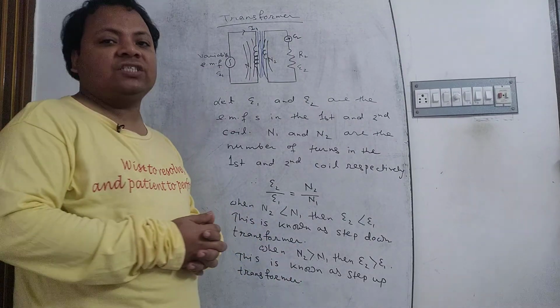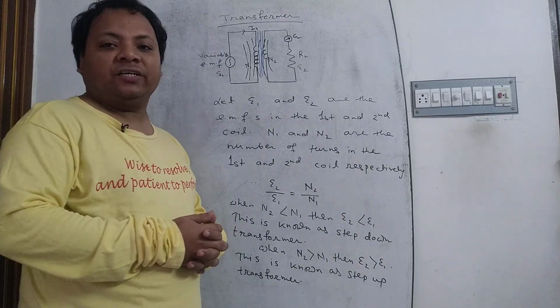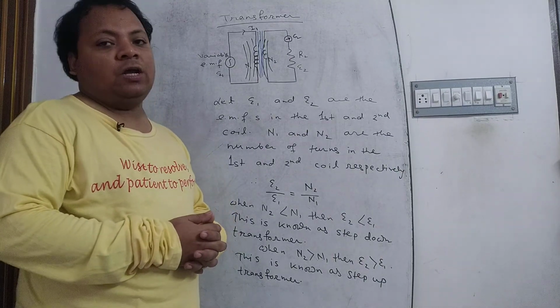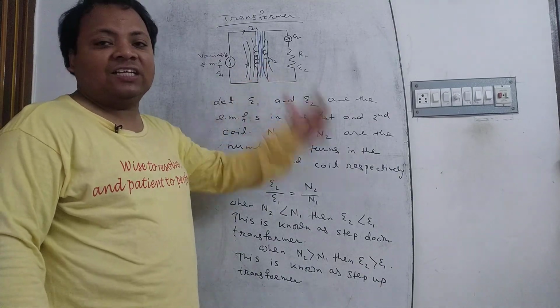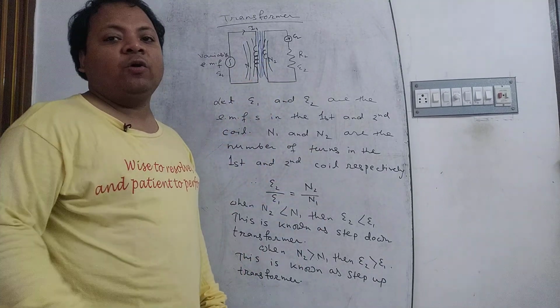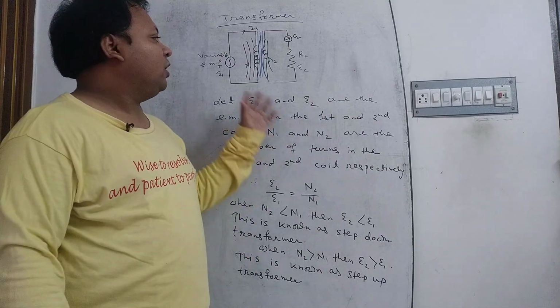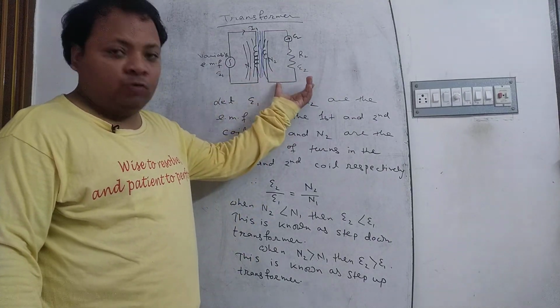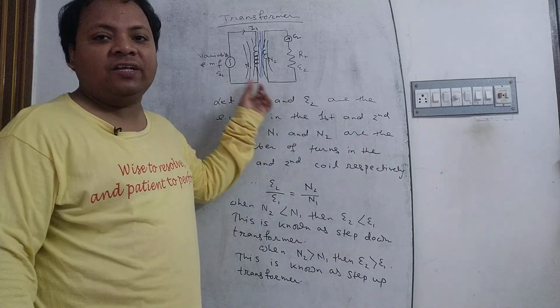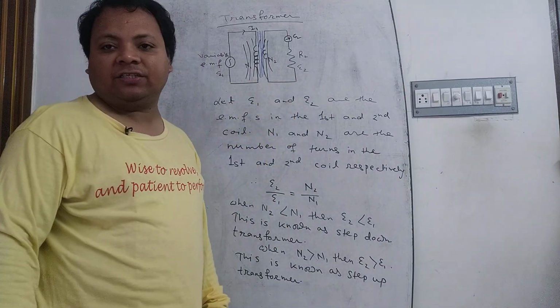Due to the hysteresis effect of magnetism, some energy is lost inside the transformer. That's why we cannot get the same power in the output circuit which is given in the input circuit.